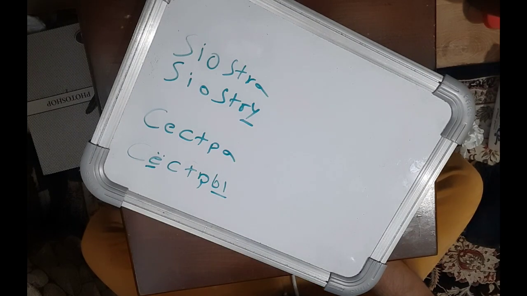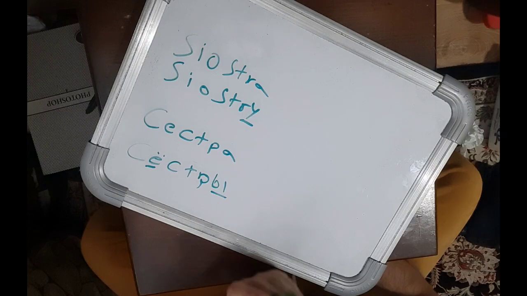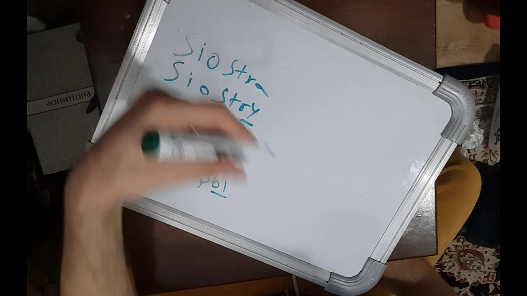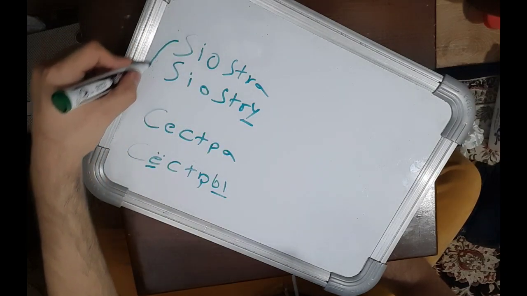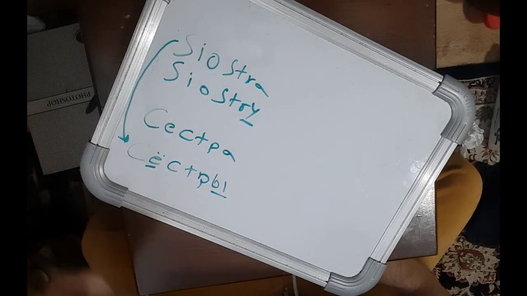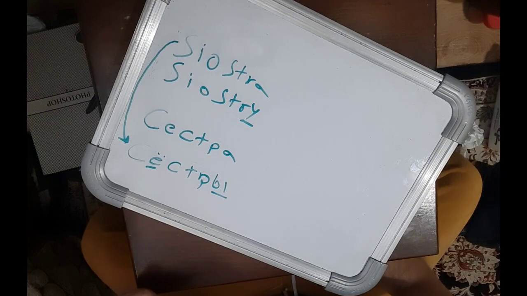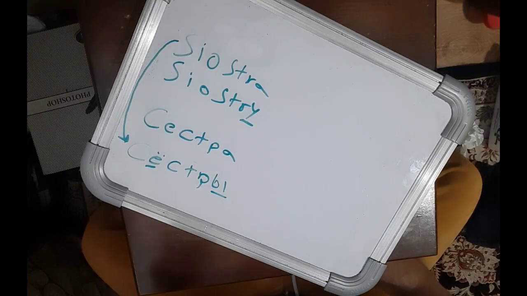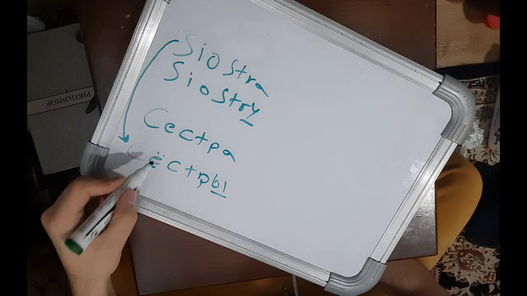And in Polish, when you want to say sister in singular form, you say siustra. And siustra, the singular form in Polish, kind of sounds like siustri, which is the plural form in Russian. You see, it's got siu.